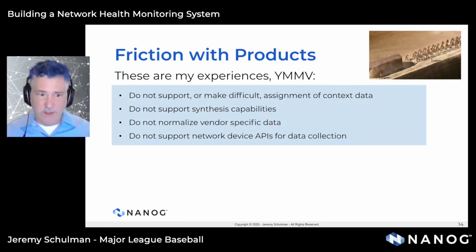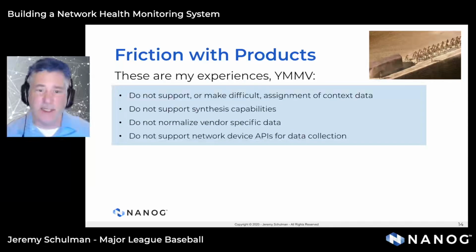A lot of them don't normalize vendor-specific data, meaning if you get interface statistics or optic information, pulling that data out and normalizing it into, say, alerts or warnings is not something that they do, or even taking the values and normalizing it into a set of information.